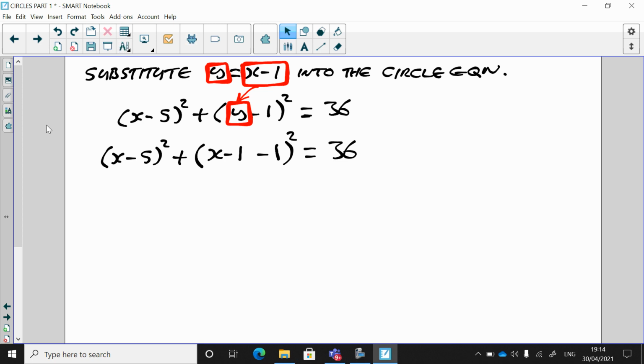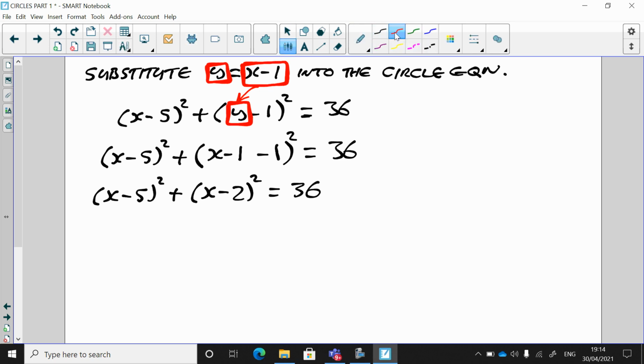Right. Let's sort out the x minus 1 minus 1. So minus 1 minus 1 is minus 2. Okay, so we're going to square up the brackets. And I've shown you this in class, for those who have actually attended class.